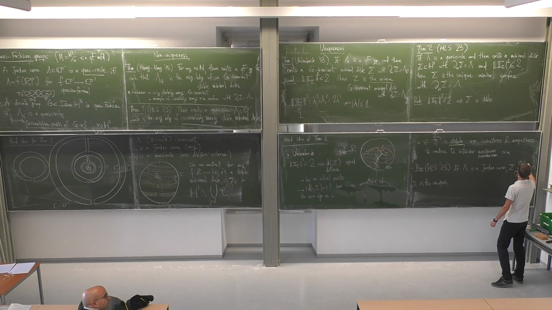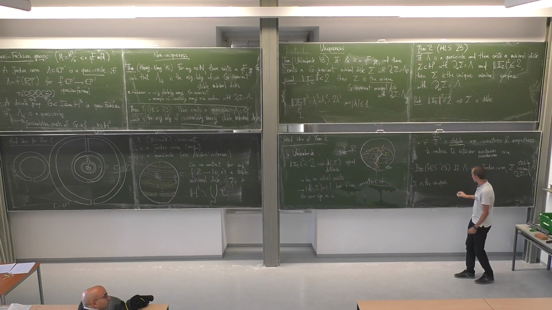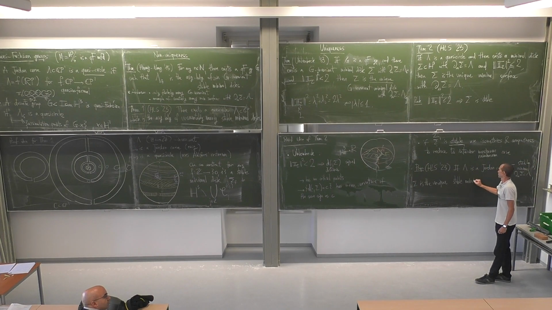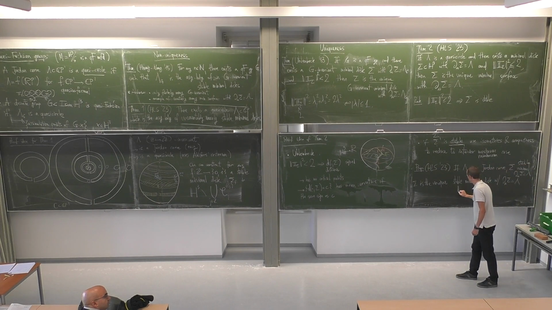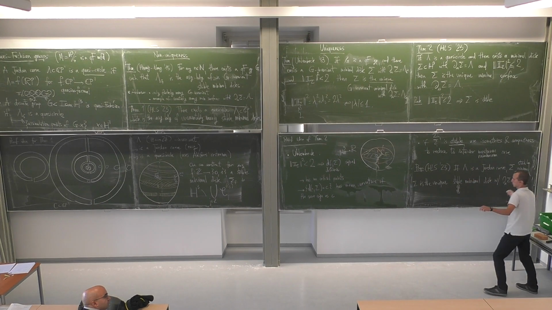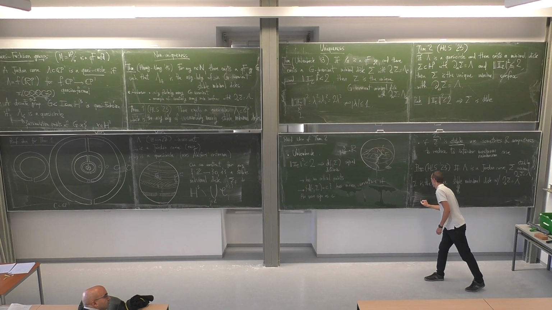There is always one stable solution. So sigma is the unique stable minimal disk with asymptotic boundary equal to lambda, if and only if it is the unique minimal surface without any further assumption.